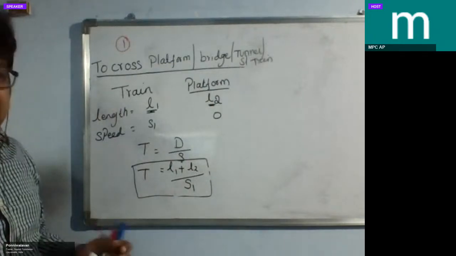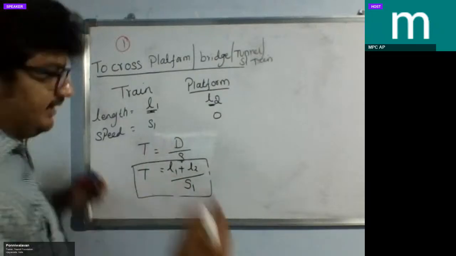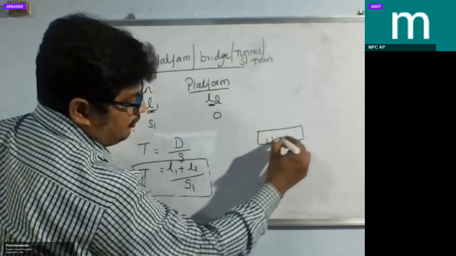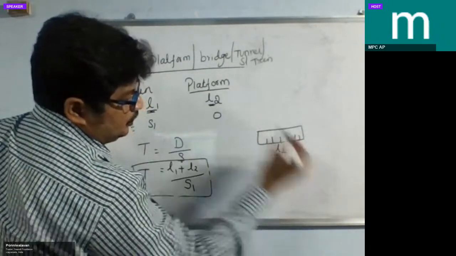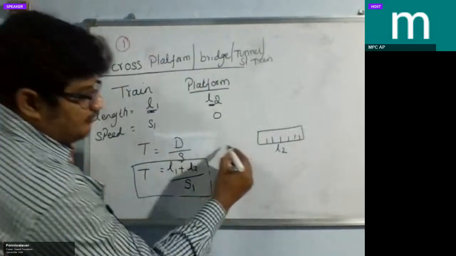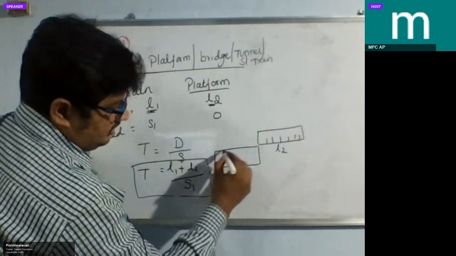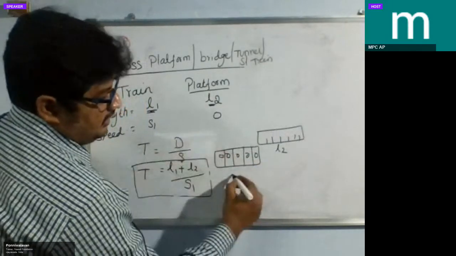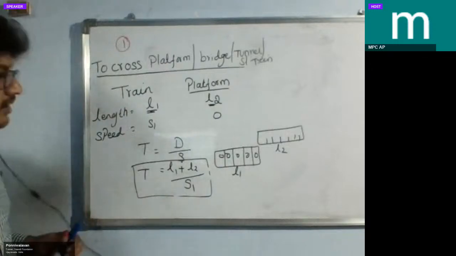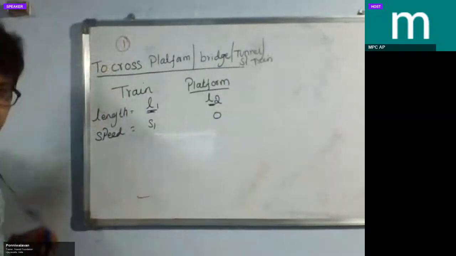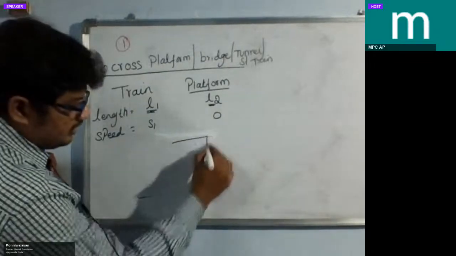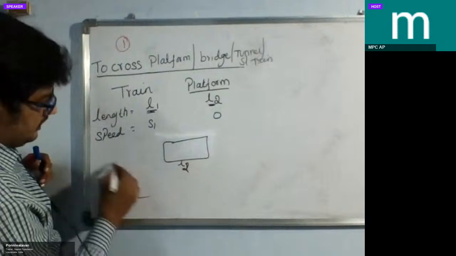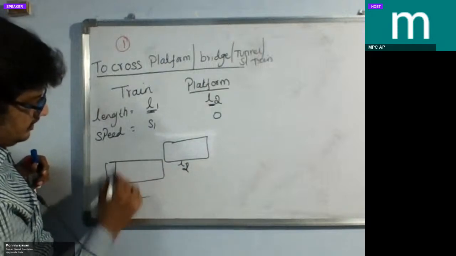If you want the exact explanation, listen. Consider this is a platform of length L2 and this is a train of length L1.